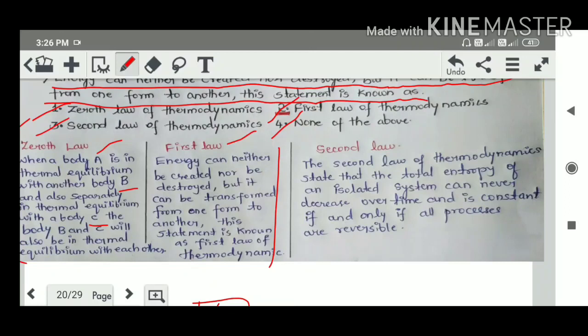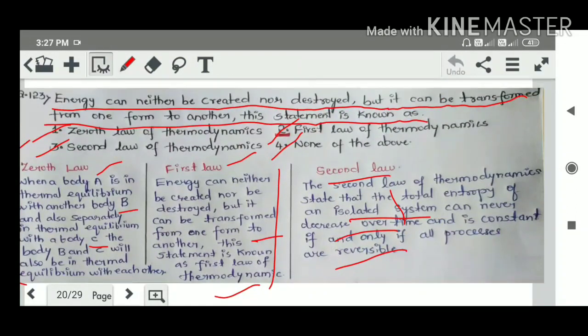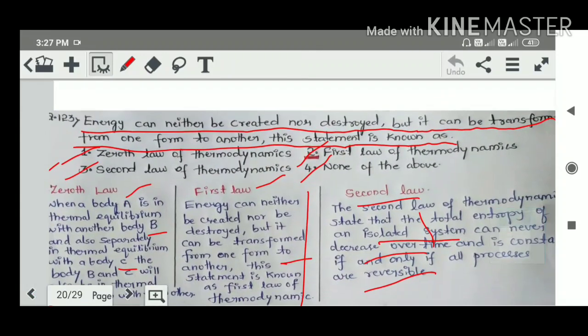Energy can neither be created nor be destroyed, though it can be transferred from one form to another form. This statement is known as the first law of thermodynamics. Okay, and the second law of thermodynamics states that the total entropy of an isolated system can never decrease over time and is constant if and only if all processes are reversible. Okay friends, so the right option for this question is option number 2, first law of thermodynamics.